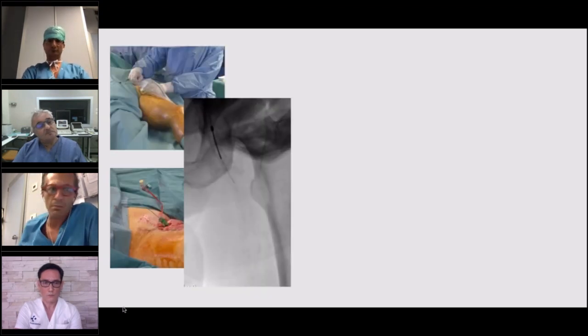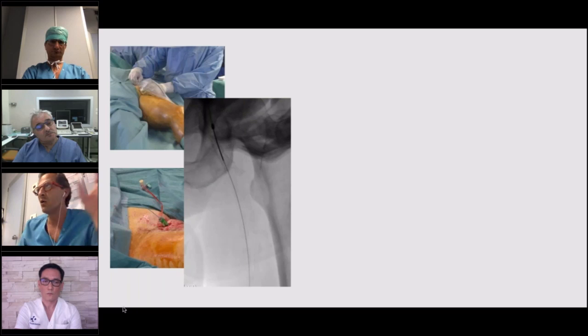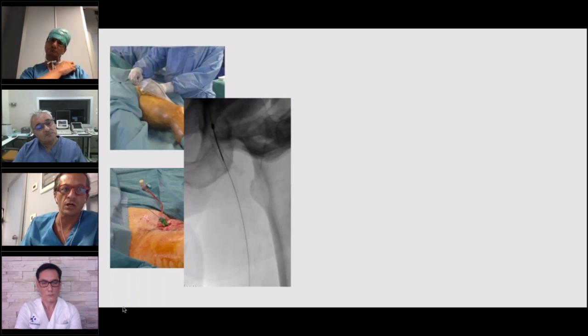Now, the procedure step by step to better explain the technique. Usually we start the procedure with an antegrade ultrasound guided puncture of the common femoral artery, and we place at this level a 6 French sheath because the Pioneer Plus catheter goes through the 6 French sheath.